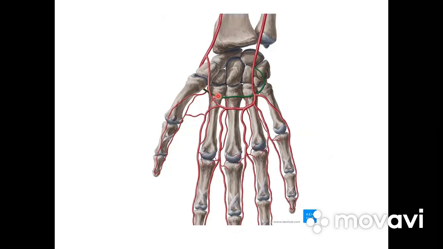Next, this is the deep palmar arch, arcus palmaris profundus, which is made by the help of the deep palmar branch from the ulnar artery and the terminal part of the radial artery. It lies on the level of the base of the metacarpal bone and will supply metacarpal bone, lumbricalis muscle, interosseous muscle.